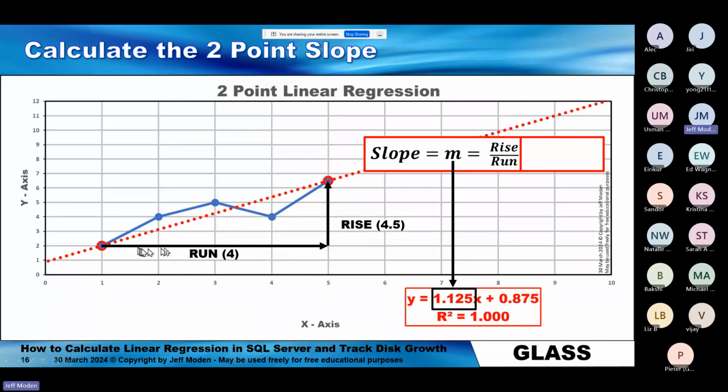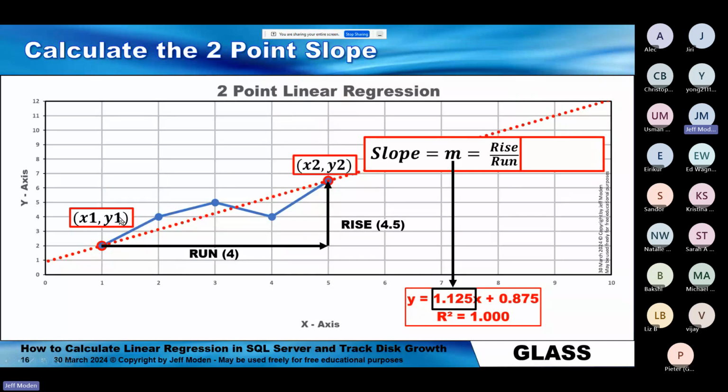And same thing with run, 1, 2, 3, 4. And we can actually start to apply some labels to our points. We can say, hey, our first point, we're going to call the x value x1 and the y value y1.